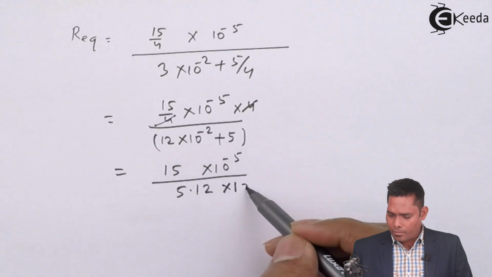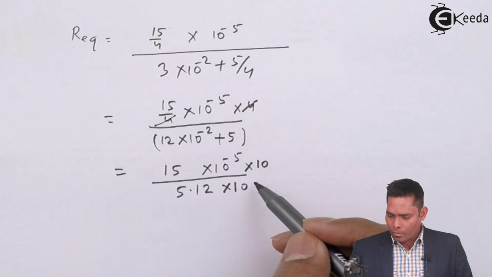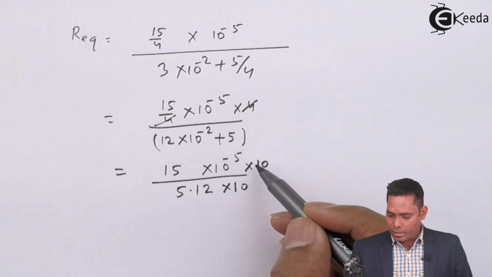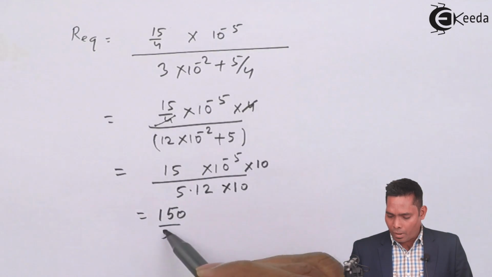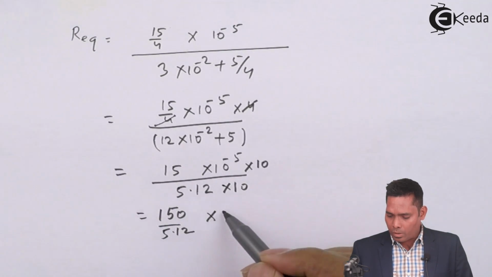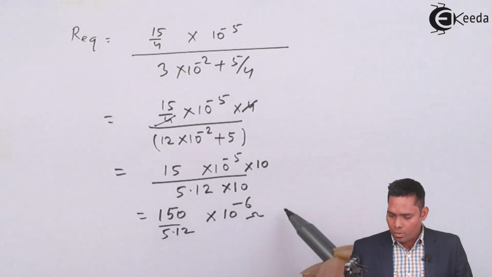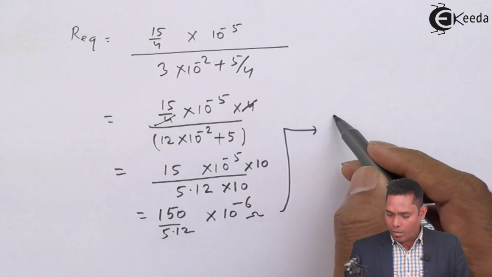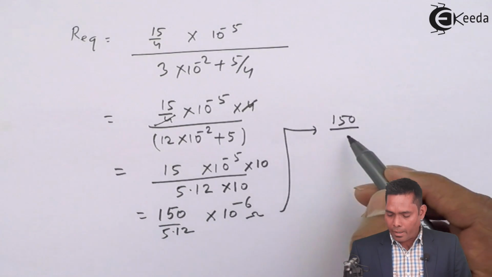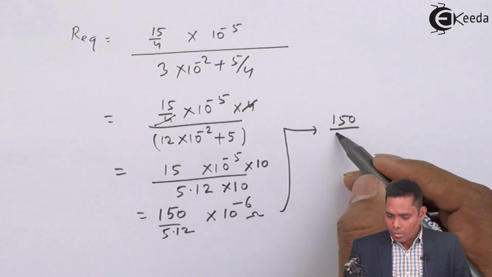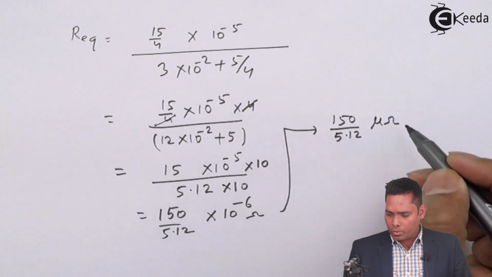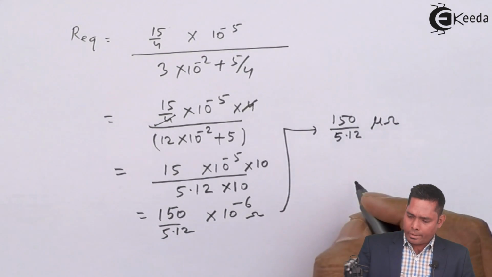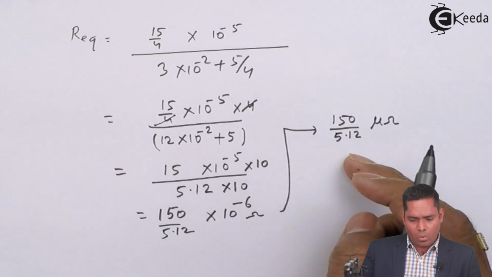This goes up to micro, and this 10 becomes 150. So 150 divided by 5.12 × 10^-6 ohm, which gives us 150 divided by 5.12 micro ohms.